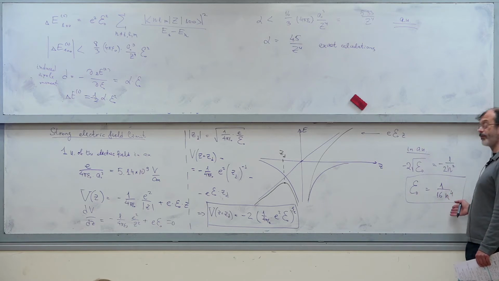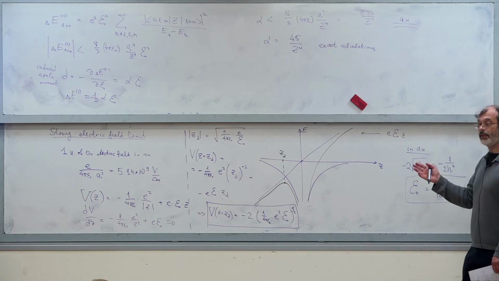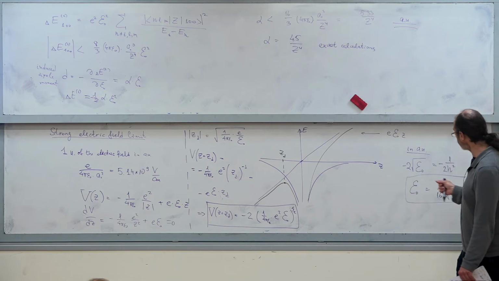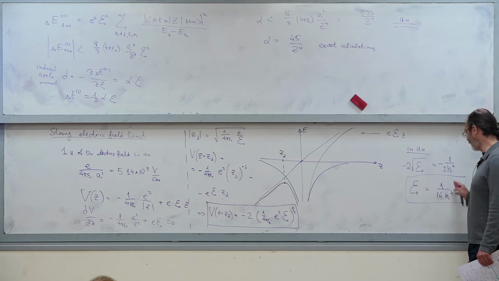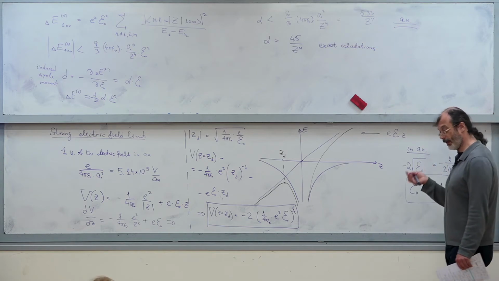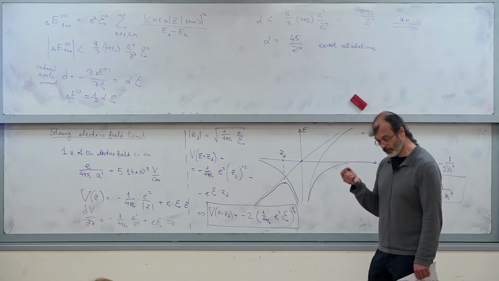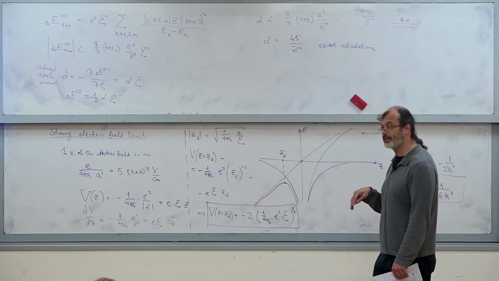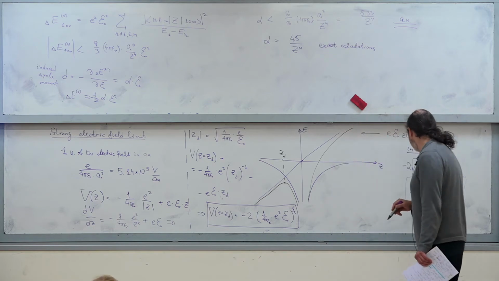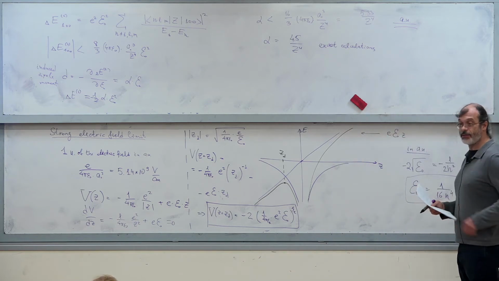It goes like 1 over n to the 4th power. So if you go to a highly excited state, tens or 100, it will be easily disturbed by external electric fields.